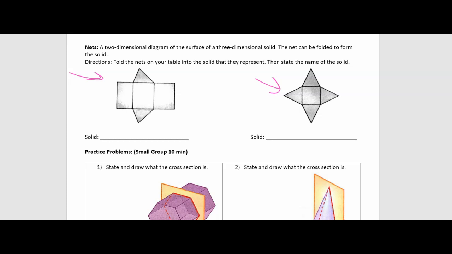Or maybe I give you a solid, and you think about what the net would look like. That's far less common. You're generally going to be given the net and asked, what does the actual solid look like? So pause the video. See if you can figure out what both of these solids would be, and try to use correct vocab. Try to be as specific as possible with the names of what these solids would be when you put the nets together.